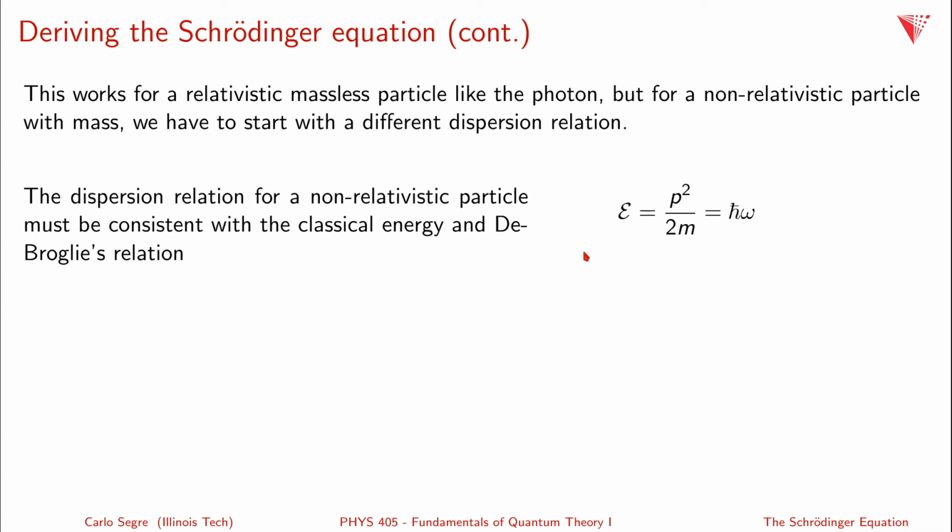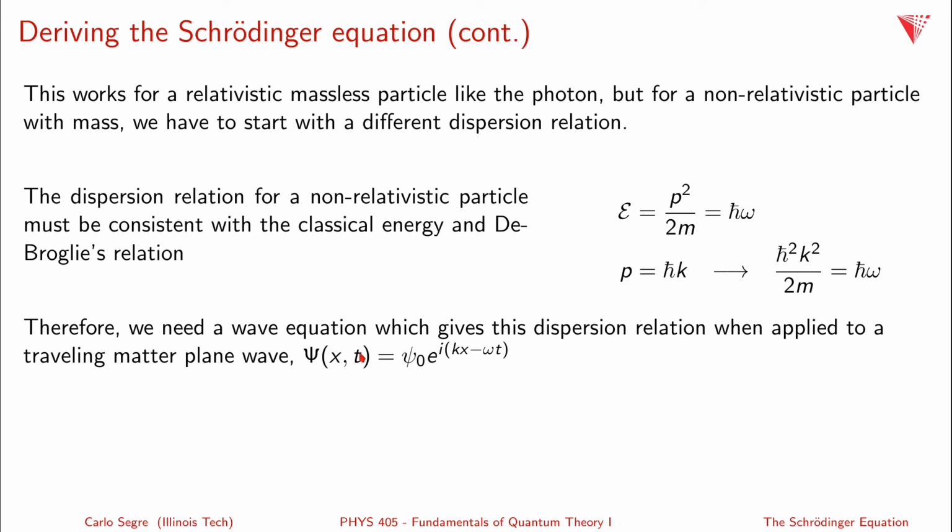Now, if you take de Broglie's relation, you can now realize that p is h bar k. And so if I substitute in for p squared, I get h bar squared k squared over 2m, which is this term here, is equal to h bar omega. And this is now the dispersion relation which we need for a non-relativistic particle with mass.